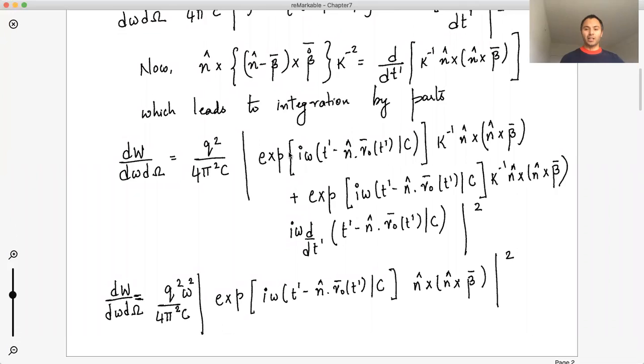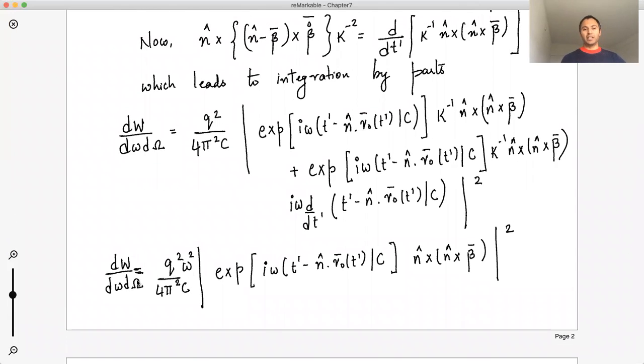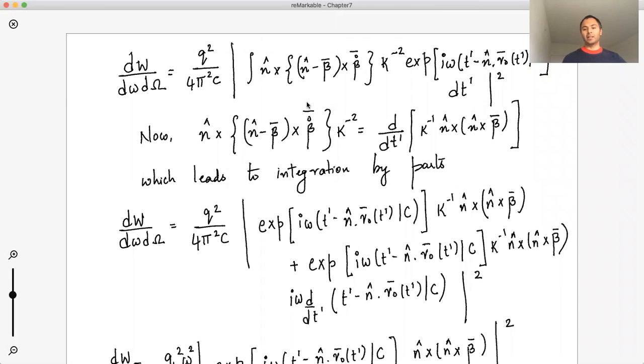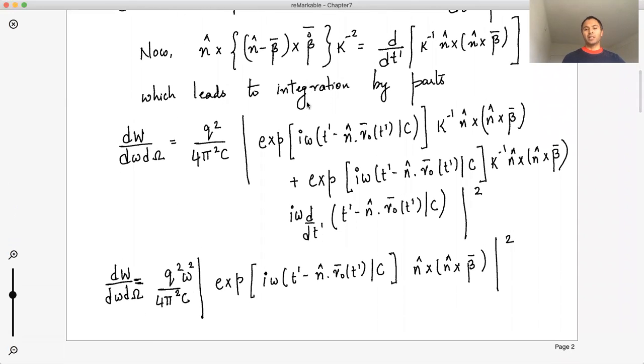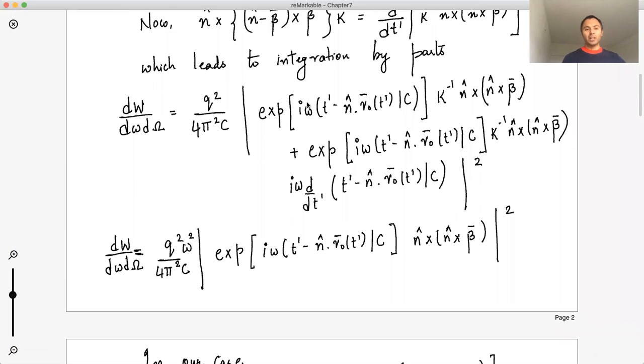And the upshot is you basically get to a quantity that looks like this. So you get what you're interested in, the amount of energy per unit frequency, per unit solid angle, and this complicated integral is now cast in a much simplified form.